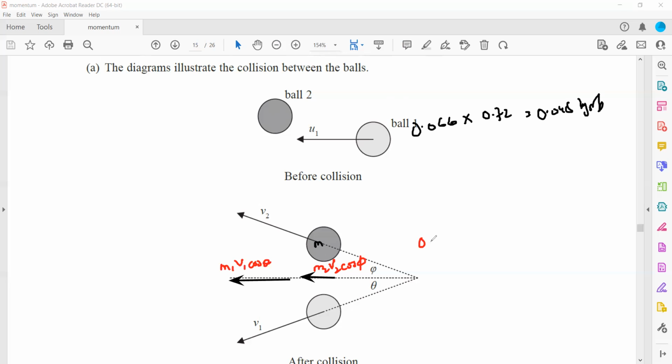So m1 is 0.066 multiplied by v1, which is given in the question.